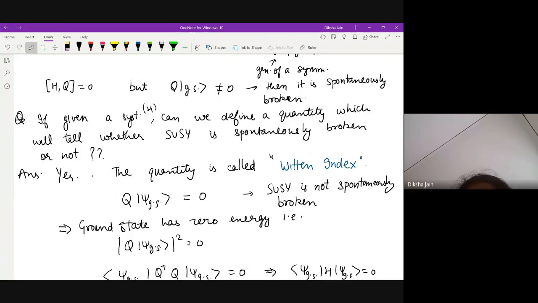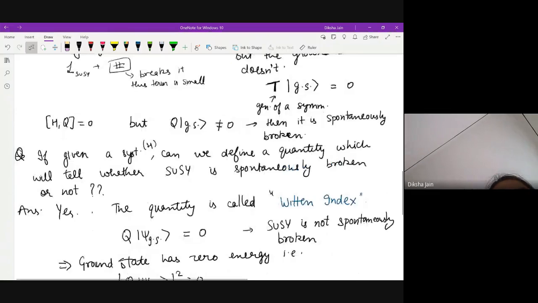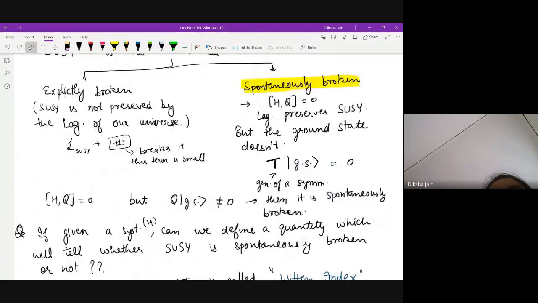If that doesn't happen, and in a lot of supersymmetric systems it doesn't, it means that even though the Hamiltonian preserves supersymmetry, the ground state does not, so supersymmetry is spontaneously broken in the system. This is different from the system not having that symmetry at all, which is called explicit breaking.